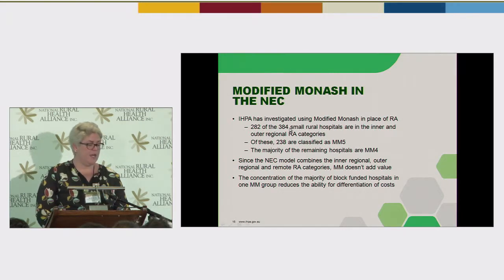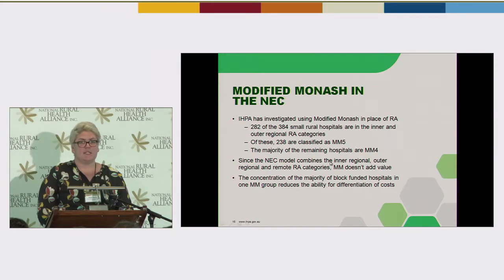Out of the 384 hospitals in the model, 282, so the vast majority, are in the inner and outer regional RA categories. And of these, if we do split them into the Modified Monash classification, 238 are classified as MM5, and then the majority of the remaining hospitals are MM4.